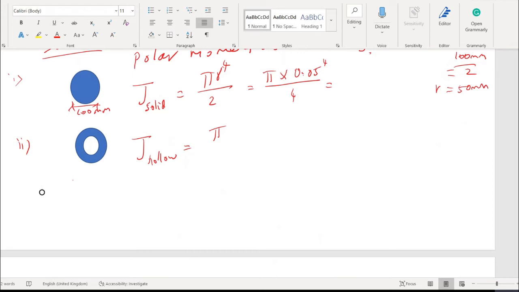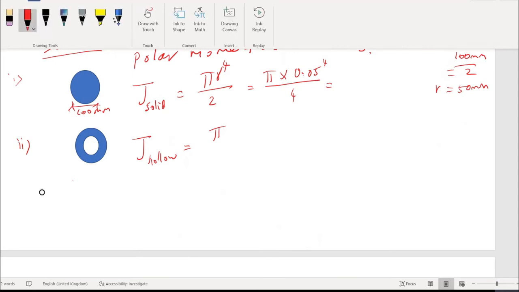Inside 75 mm removed means you deduct from both sides. 100 minus 75 will be 25. Only 25 is left, but for both sides, divided by 2, that is 12.5 on both sides. The thickness will be 12.5.